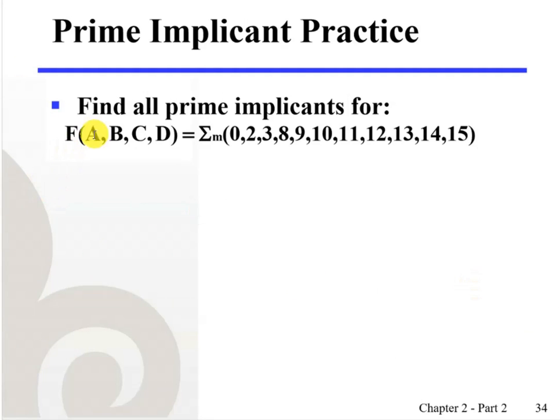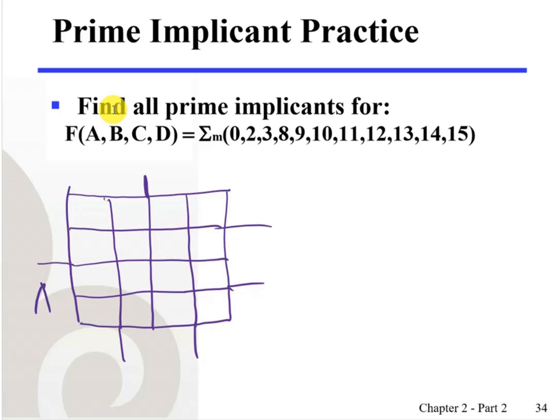Now let's take a look at the following Boolean expression and try to find all prime implicants. First I'll draw the K-map again. Now we have A, B, and then C, D variables.